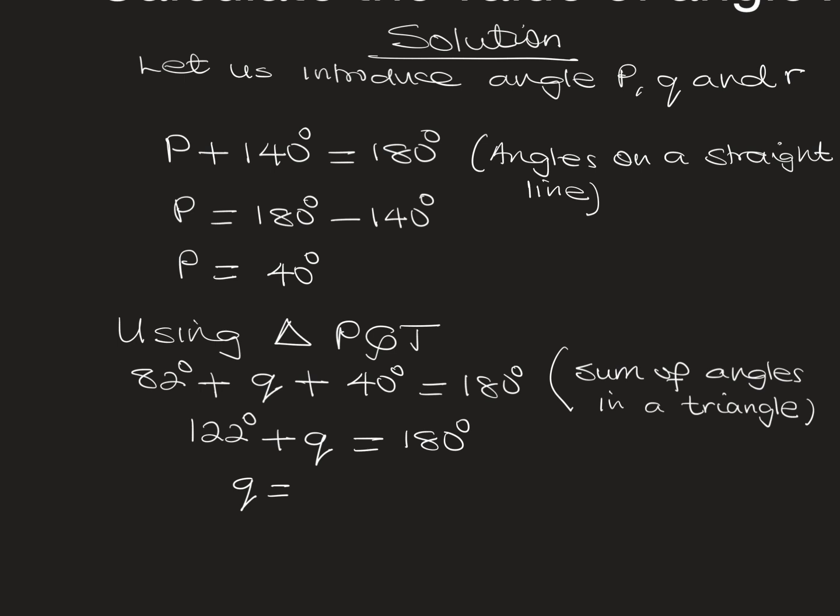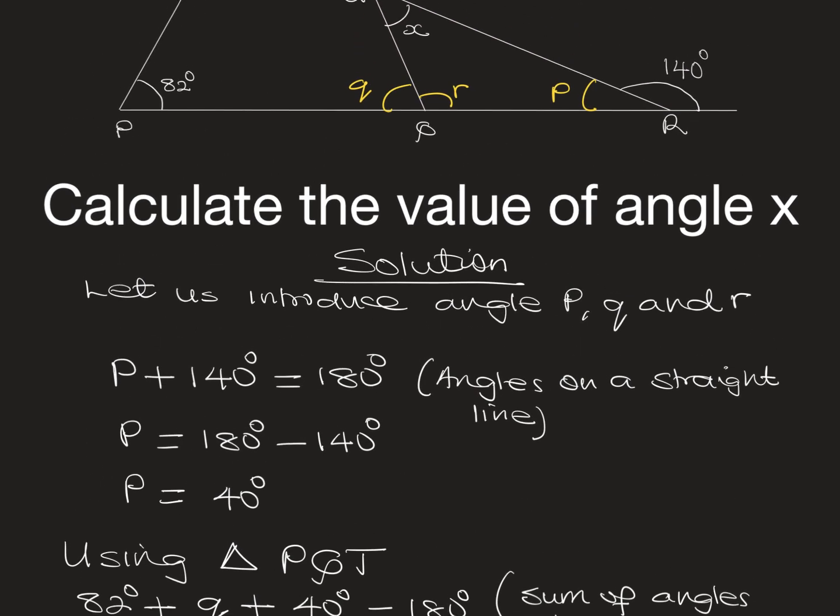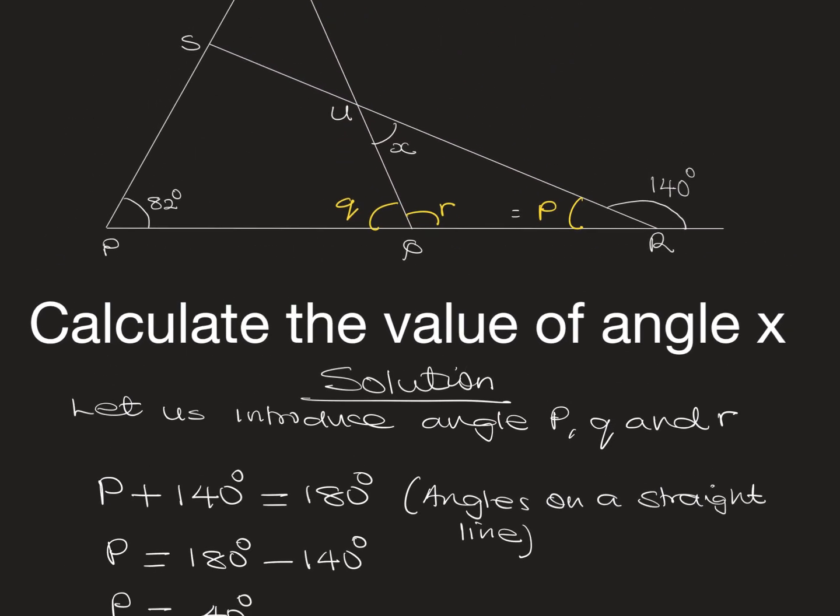Q is equal to 180 degrees minus 122 degrees. Q is equal to 58 degrees. P is 40 and Q is 58 degrees. So what can I do to find angle R?